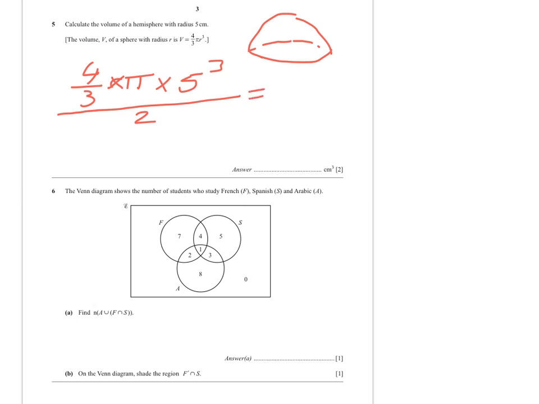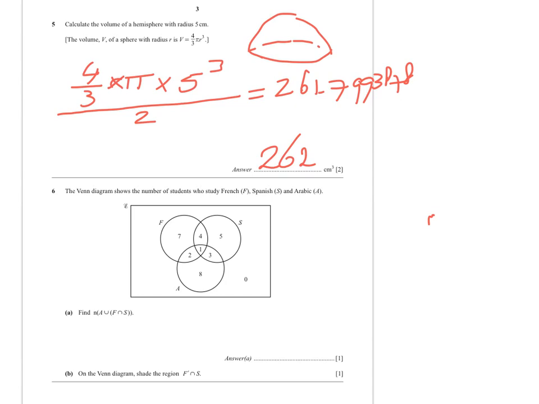In my calculator, 4/3 times pi times 125, which is 5 to the power of 3, equals, divided by 2, equals, and I'm going to write down all the decimals, 261.7993878, and then I round to 3 significant figures, which is 262. There you go.